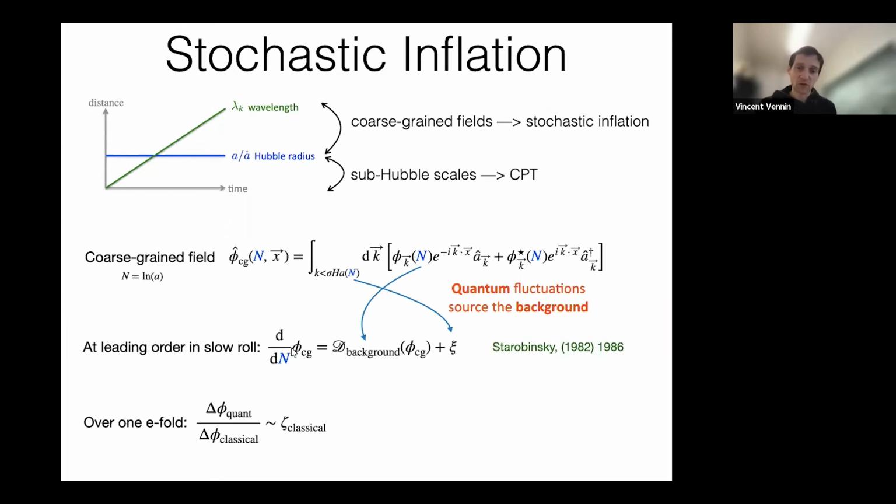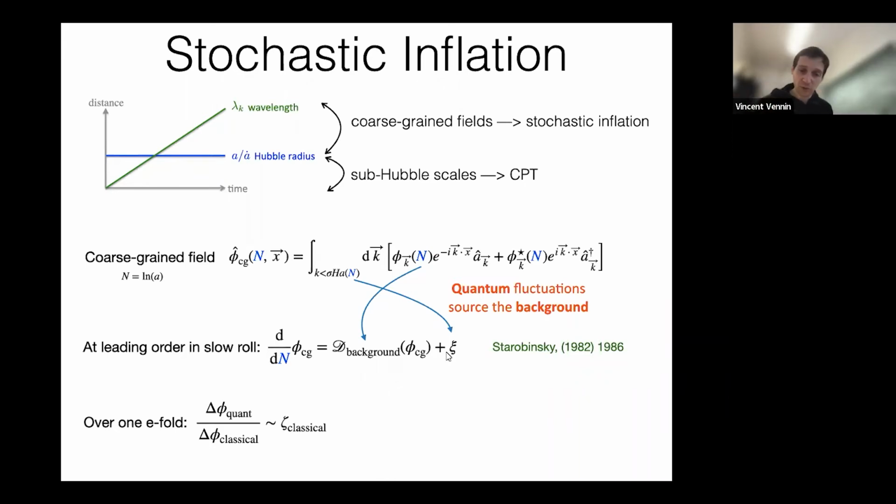So phi is promoted to a random variable, and psi here becomes a Gaussian noise. Gaussian because, in cosmological perturbation theory at leading order, fluctuations have Gaussian statistics, and we just replace this psi by a Gaussian noise.